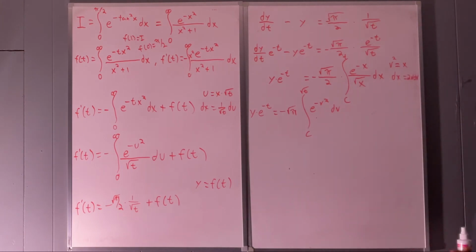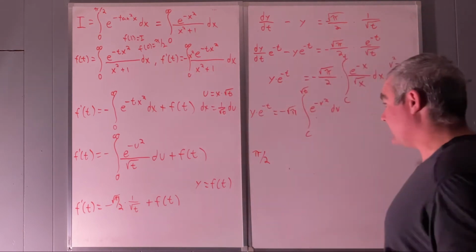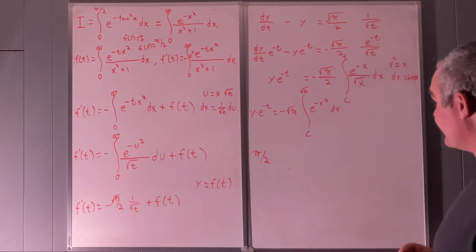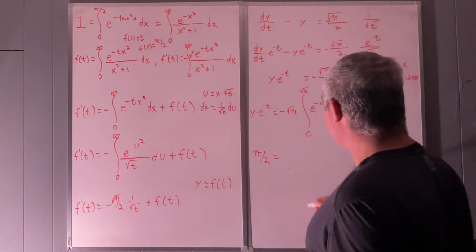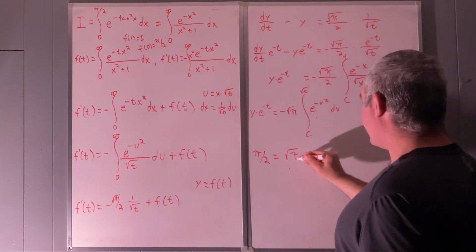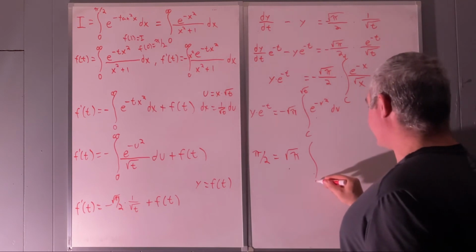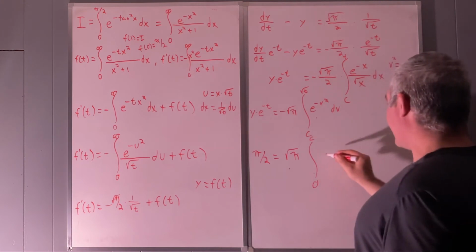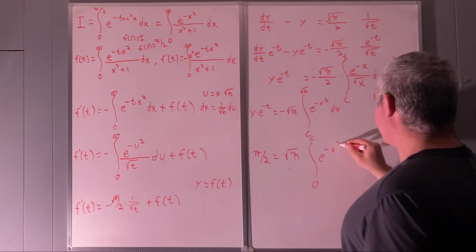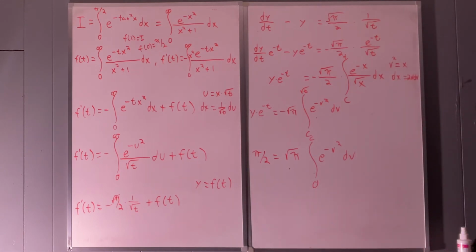All right, so now we're going to find our c by plugging in 0 for t. So what we get is that pi over 2, that becomes our y when we evaluate the function at the point 0, times e to the negative 0, which is just 1, and that's going to be equal to the square root of pi times the integral from the square root of 0, which is just 0, up to c of e to the negative v squared dv. Is that correct? That is correct.